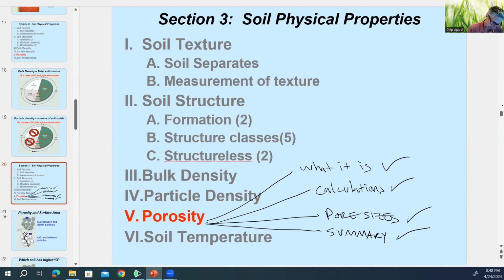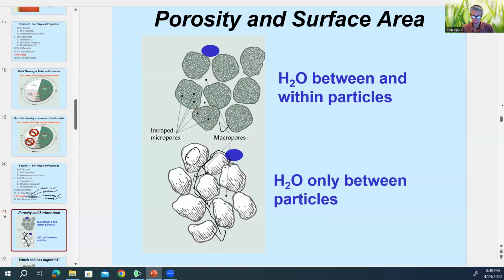Okay, so just a little bit of background about porosity and what it is. So here we're looking at a clay soil with granular structure. And here we're looking at a sandy soil that we could call single grained, right?